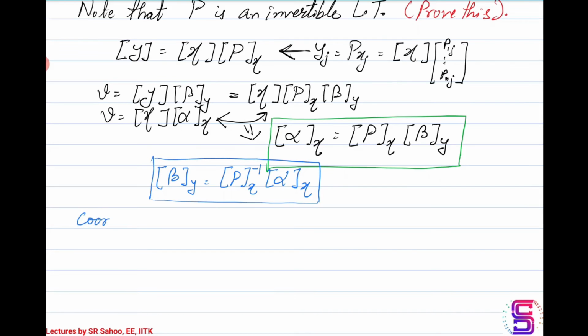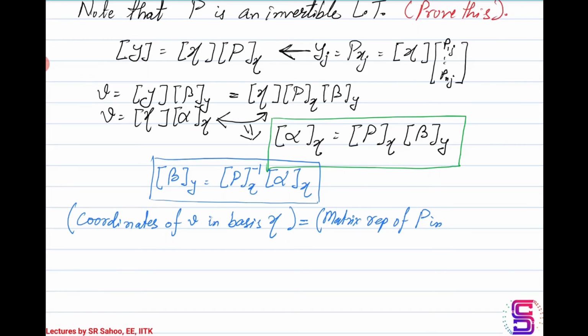So coordinates of v in basis X is equal to the matrix representation of P in basis X multiplied by coordinates of v in basis Y. Okay, so this is what we have.